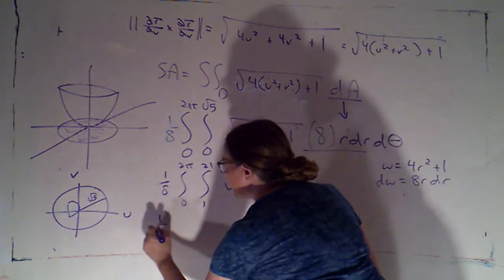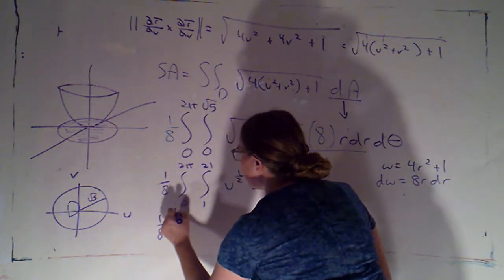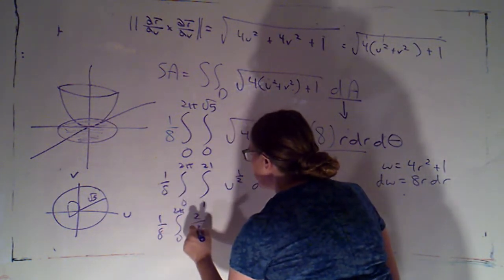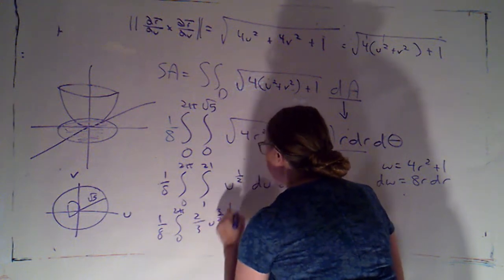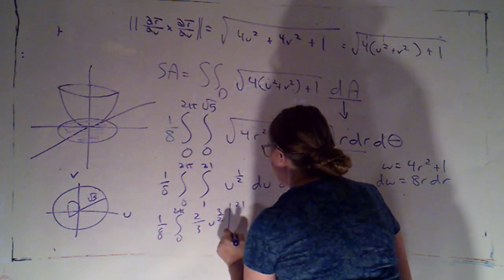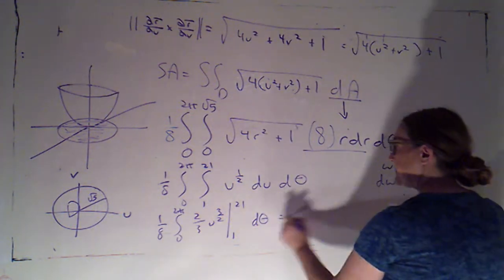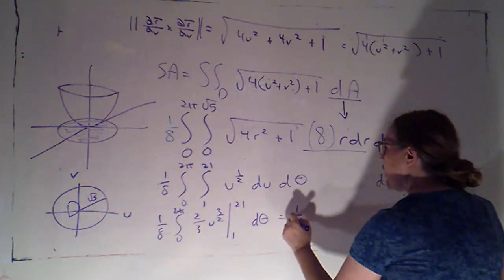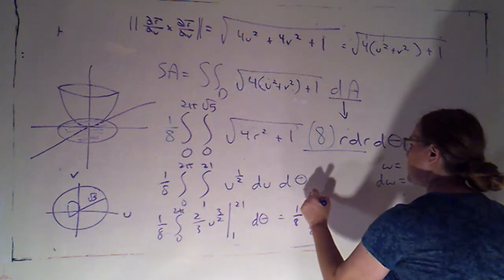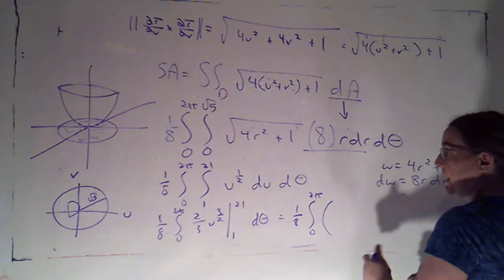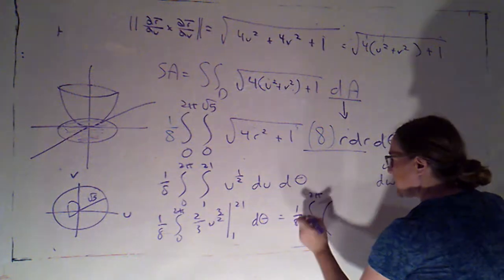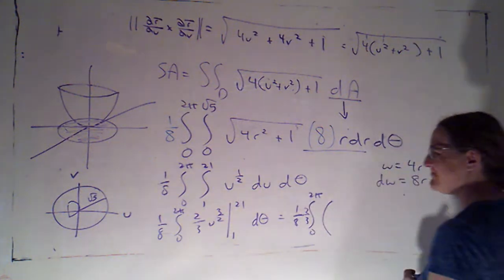All right, so that's 1/8 integral 0 to 2 pi. That's going to become 2/3 w to the 3/2 evaluated between 21 and 1, d theta. So that's going to be 1/8 integral 0 to 2 pi times 2/3. I'm going to factor out that 2/3. Okay.